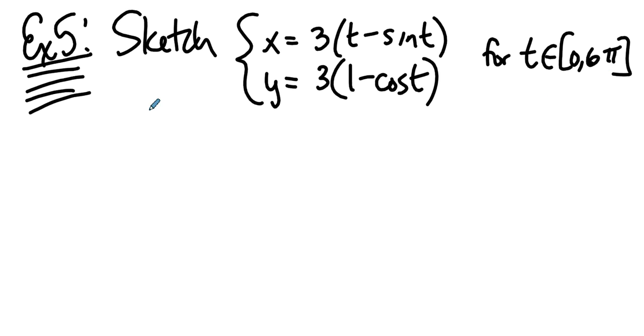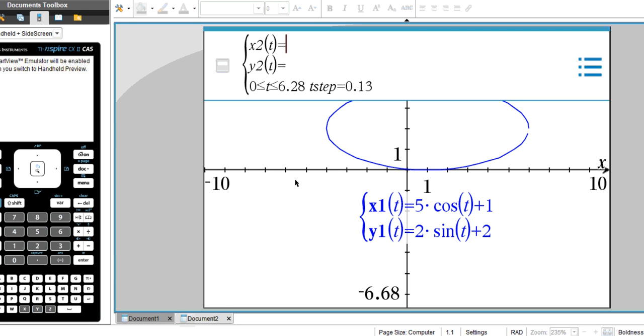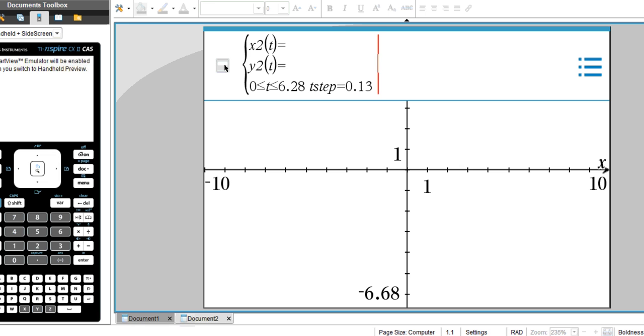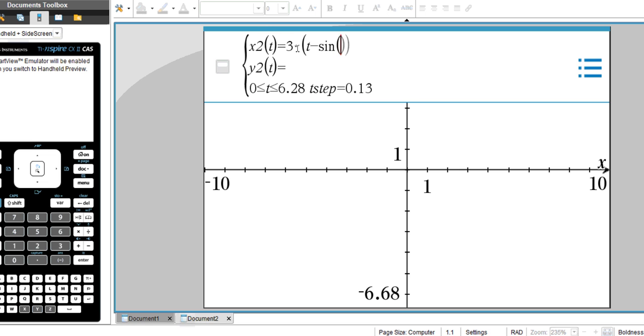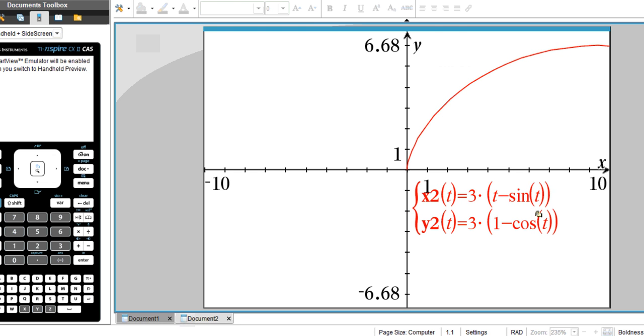When you graph it on your calculator, you might want the x's to go from 0 to 18 pi, and you may want the y's to go from 0 to 6. You may find that that helps you to see the picture. I will do the same thing that you are doing. And that's why I asked us to change the window.